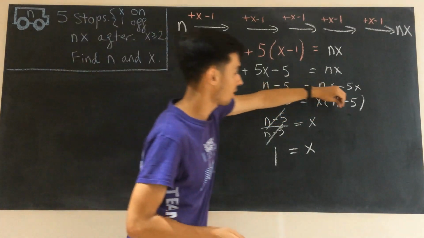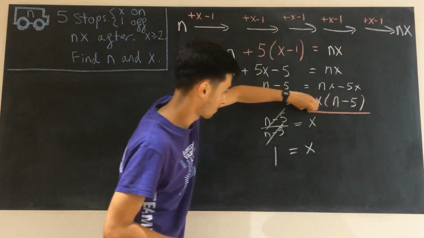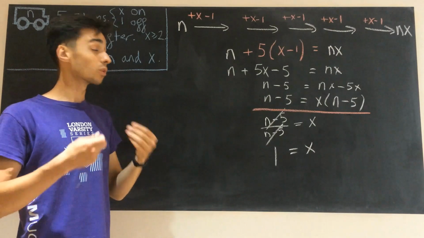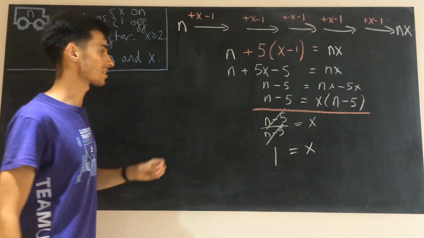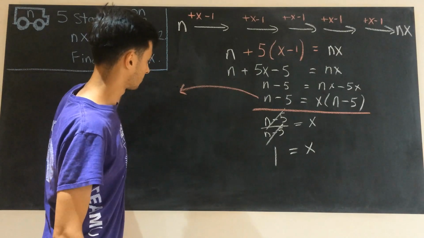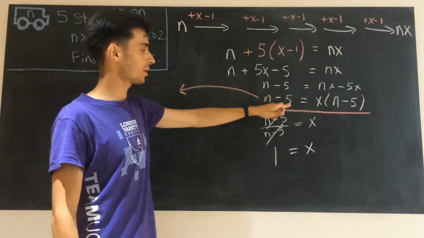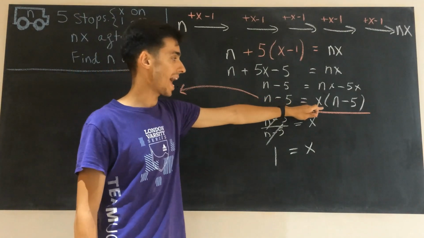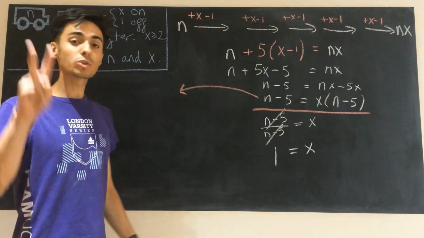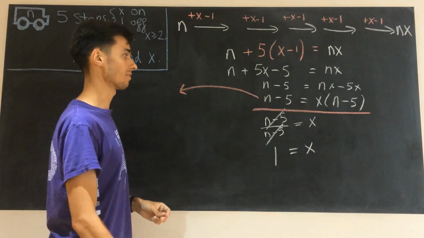So I'm going to put a nice line underneath this line. And we need to think about the ways that we could interpret this line. So we're going to move over here. If n minus 5 equals x multiplied by n minus 5, well, there are two conclusions that this could give us.